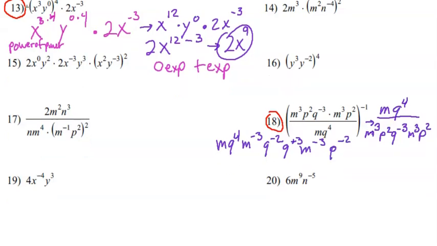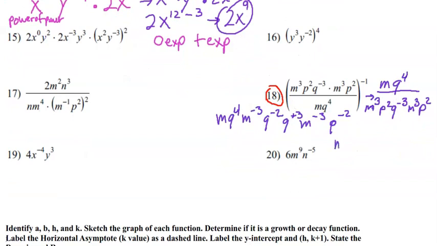Now we'll group them all together. And then we'll evaluate each of these expressions. 1 minus 3 minus 3, m to the negative 5, p to the negative 2, and then q to the 5th power.